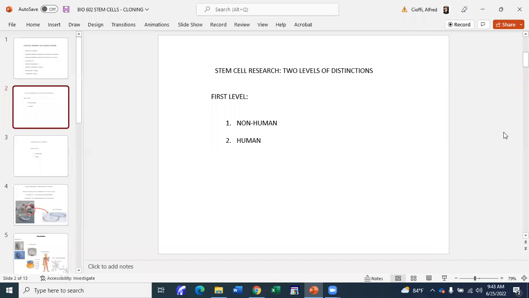Because the way it's stated, many people think, oh no, the Catholic Church is against stem cell research. But actually, just the way it's stated, I can tell you that the Catholic Church is not only not against stem cell research, the Catholic Church is actually involved in stem cell research, okay?